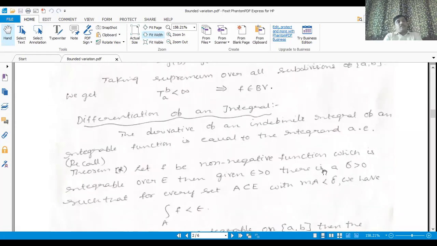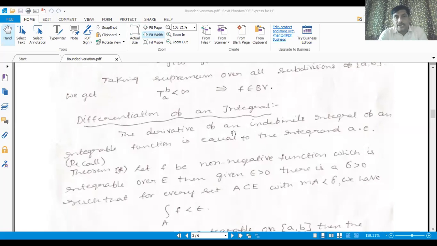Now, in today's lecture, we will mainly concentrate on the differentiation of an integral, with some important theorems related to it. Before that, we recall some basic definitions needed to prove the theorems.